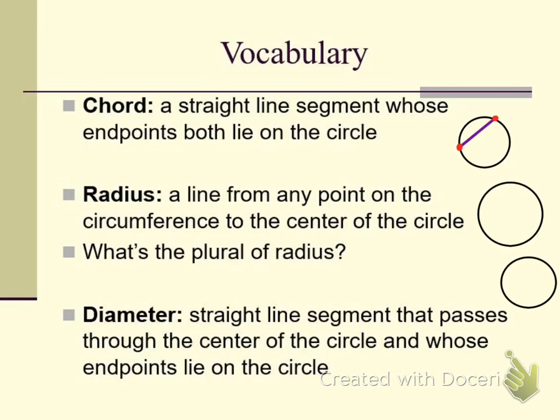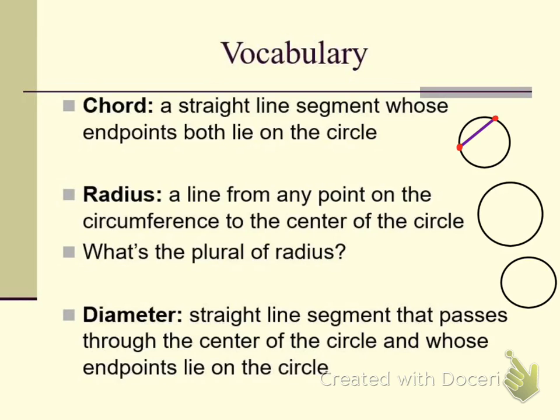This would be a chord. It is going to stop when it hits the edges of the circle. It is going to go through the whole circle. It could be in any direction, slanted, straight across, in the middle, towards the top, towards the bottom, wherever. But it's got to be a straight line segment. The endpoints are both on the edge of the circle.